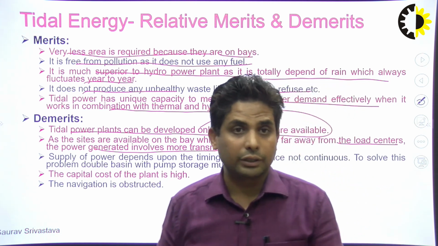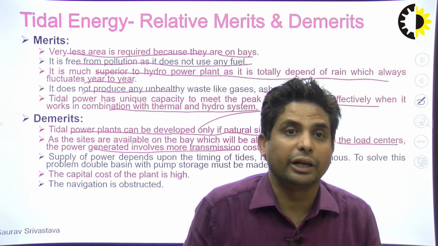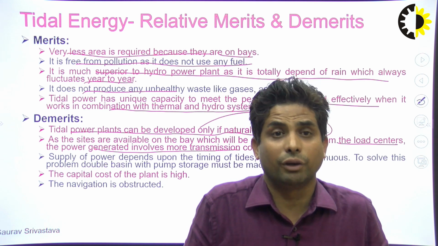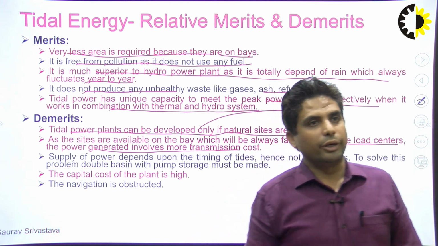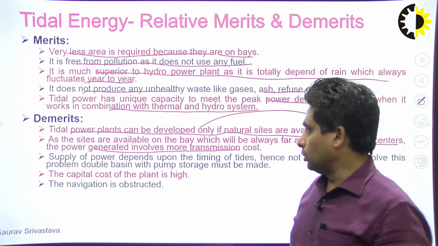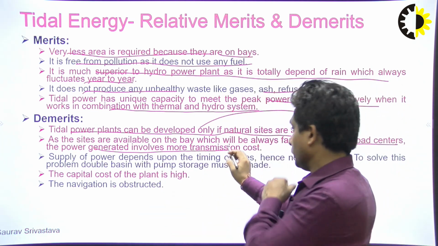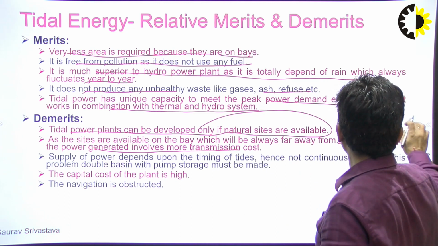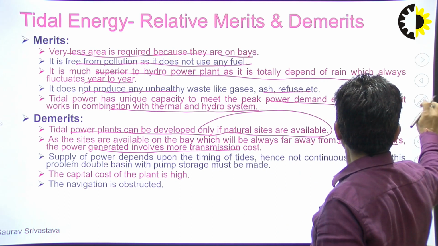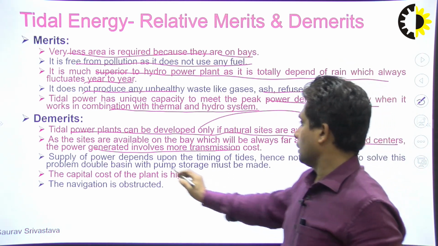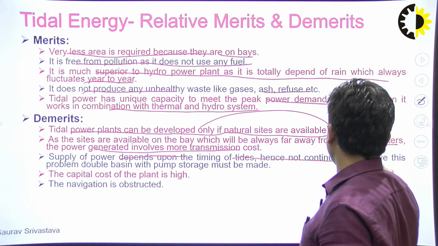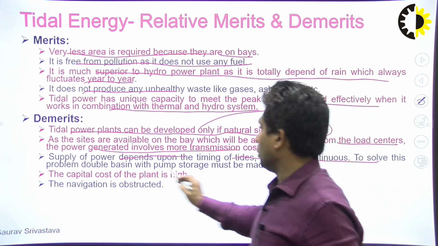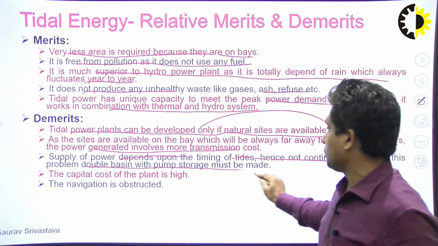Mostly we set up a plant nearby the utilization as well as the availability of the sources, so that transmission cost is minimized. But in the case of tidal, the sites are remote, so the transmission cost increases. Supply of power depends upon the timing of tides and is not continuous. To solve this problem, a double basin with pump storage must be made.